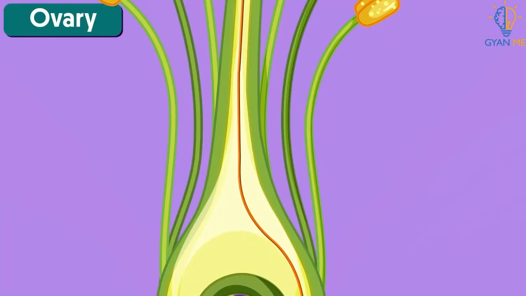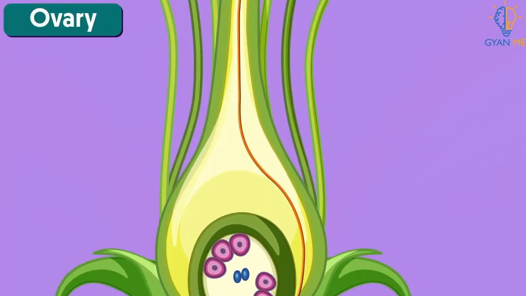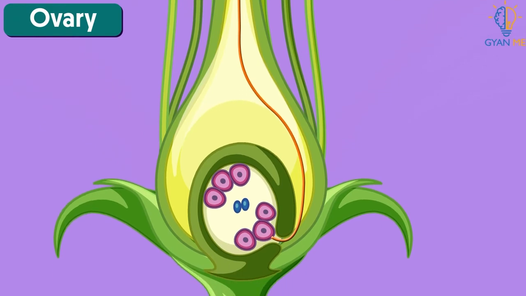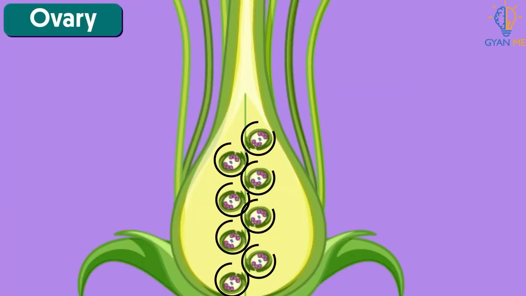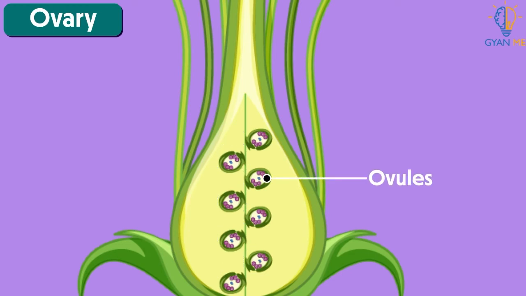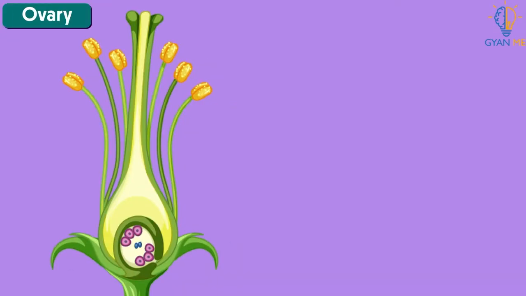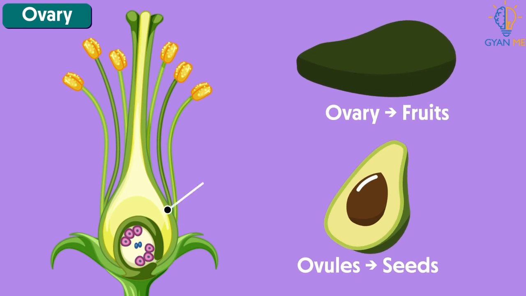The ovary is the last swollen structure of the gynoecium or pistil. It contains one or many chambers called locules. The locules contain many small structures called ovules, which are connected to the walls of the ovary with minute connections called placenta. During fruit formation, the ovary matures into fruit and ovules into seeds.